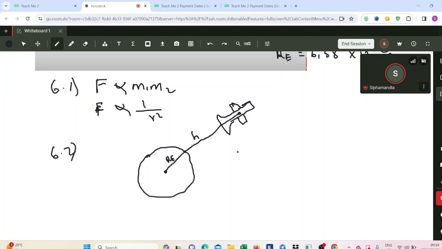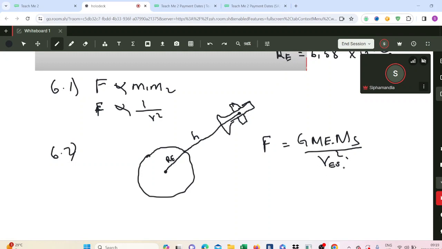Now if we write this equation, F equals G times the mass of the earth times the mass of the satellite, divided by the distance between the earth and the satellite squared.